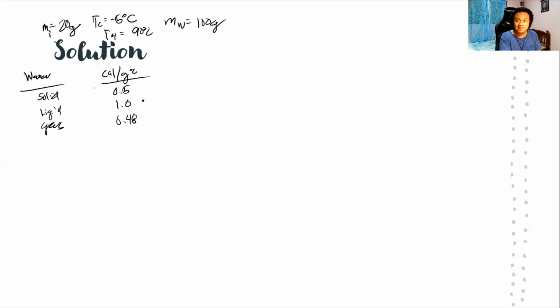So that's actually easy to memorize, diba? And then the latent heats. So latent heats, meaning this is fusion, and then this is vaporization.